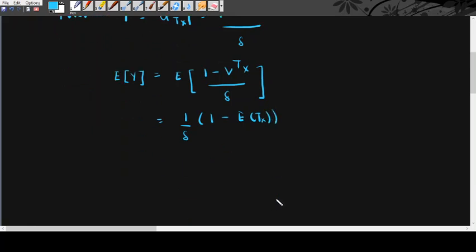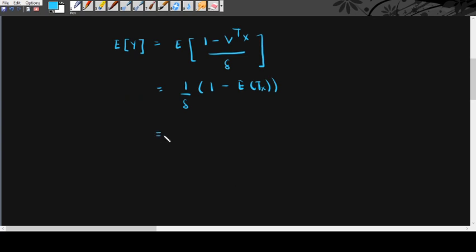As we know, the expected value of v^Tx is A bar x. So we can say that the expected value of this continuous whole life annuity equals 1 minus A bar x over delta. And it has a common notation: the actuarial notation will be a bar x, where x is the age. This is one way of determining the expected present value of the annuity.